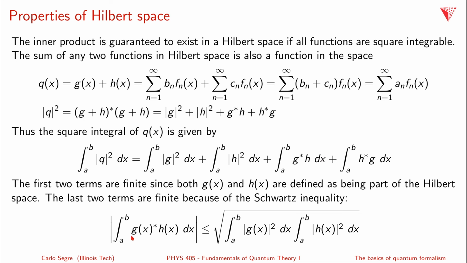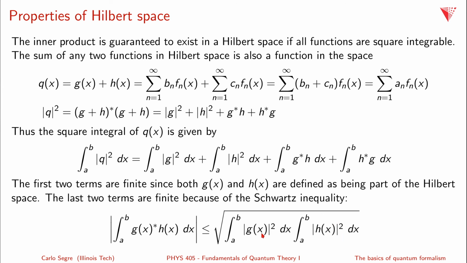It says that the absolute value of the integral of g star h dx is less than or equal to the square root of the square integral of g of x times the square integral of h of x.